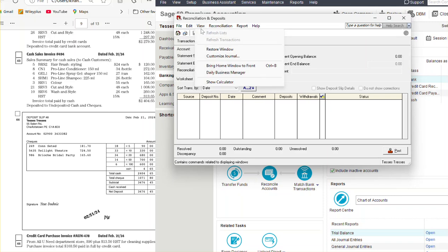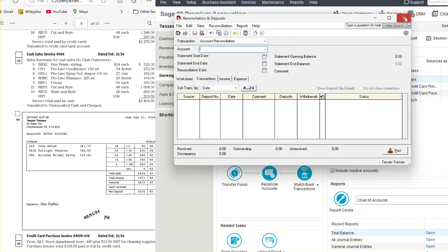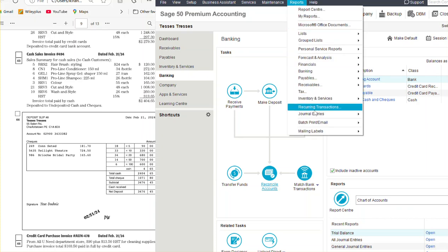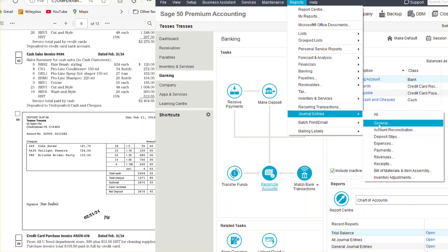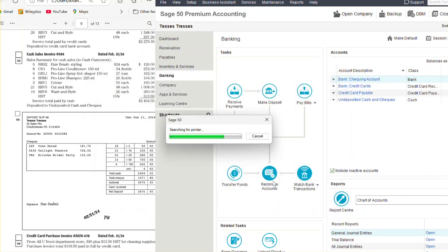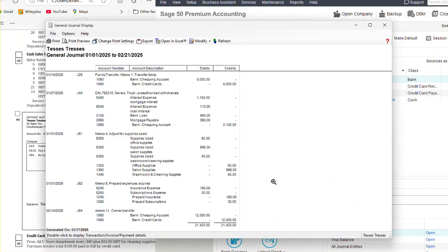View. So if worse comes to worse, I could go to reports, journal entries. I'm going to say journal, and we're going to do all. I think we just did slip number 8.